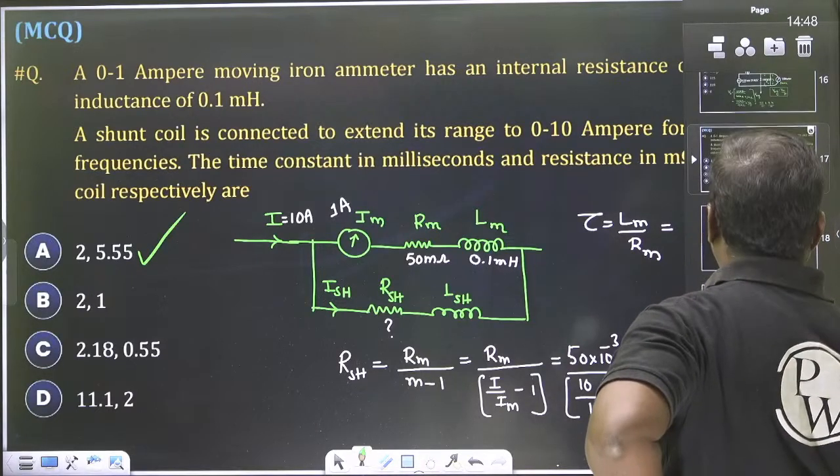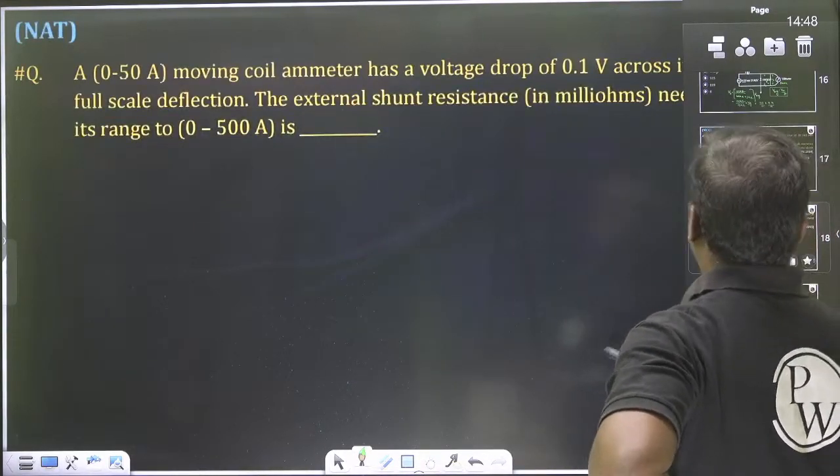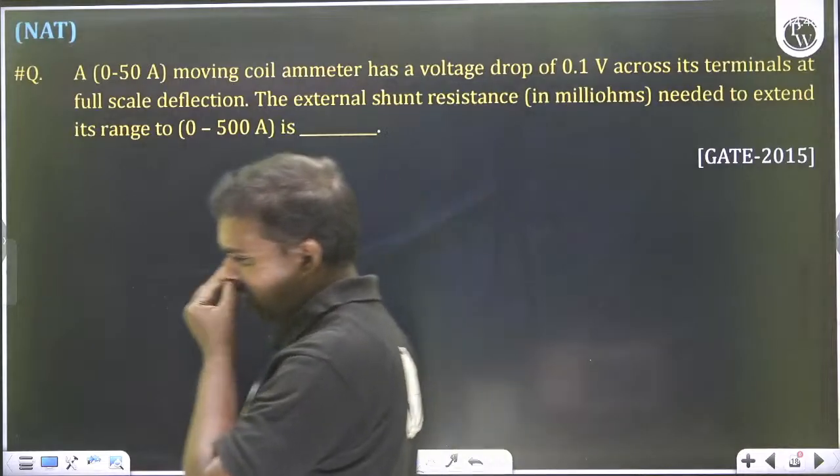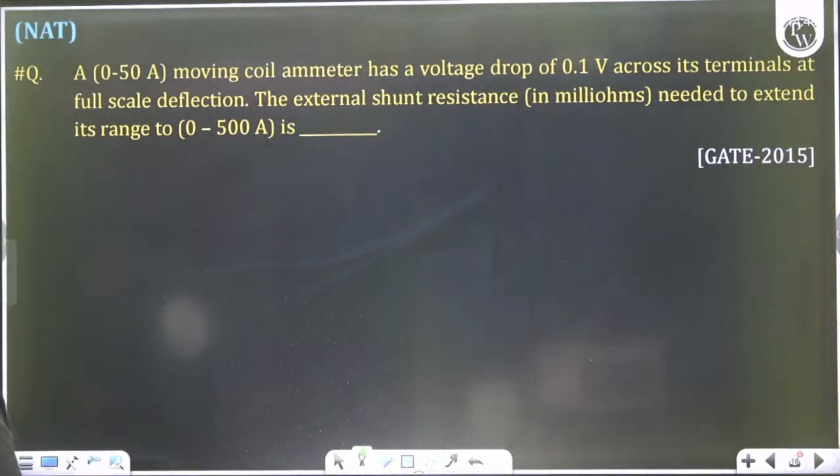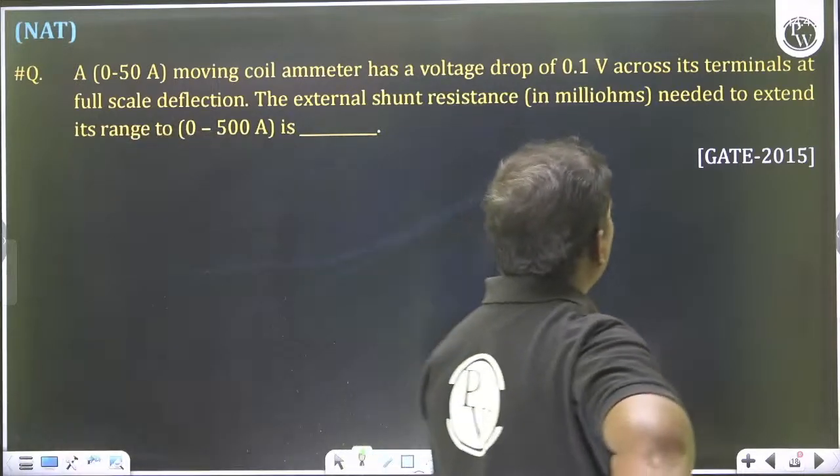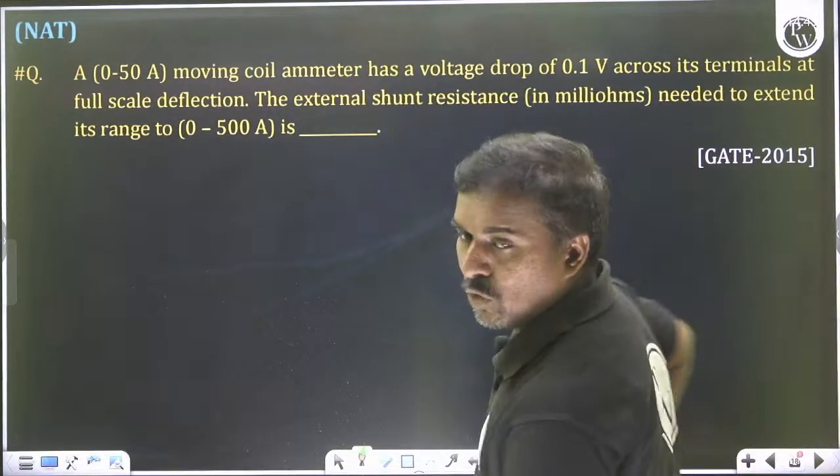So try to answer this question. A 0 to 50 amperes moving coil ammeter has a voltage drop of 0.1 volts across its terminals at full scale deflection. The external shunt resistance needed to extend its range to 0 to 500 amperes is asked.